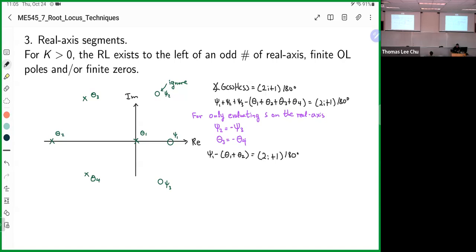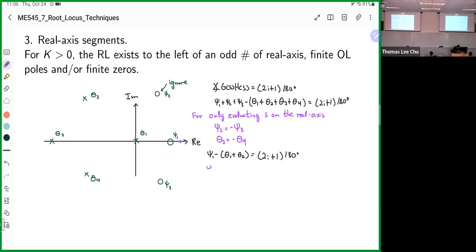All right. So if I were to take, and let's use purple here, this point here, a point to the right of all three of these poles and zeros.